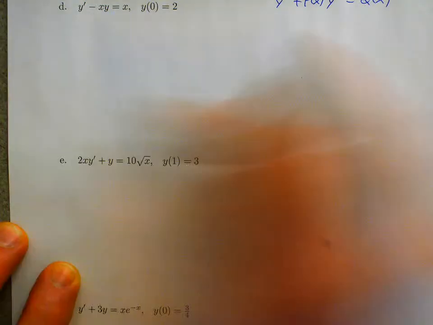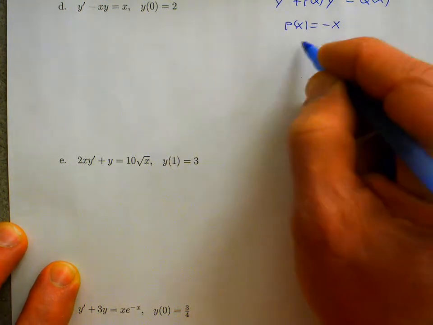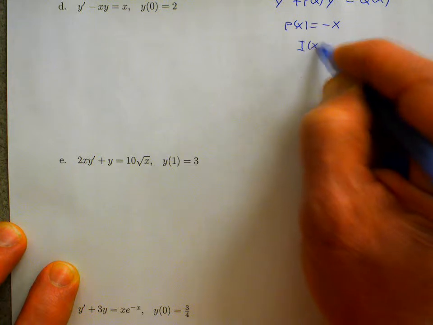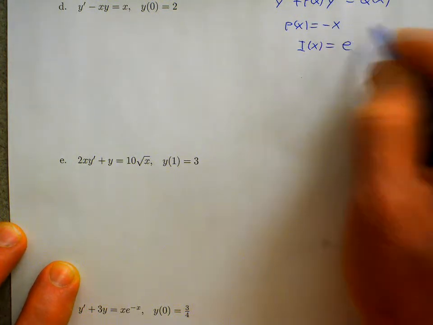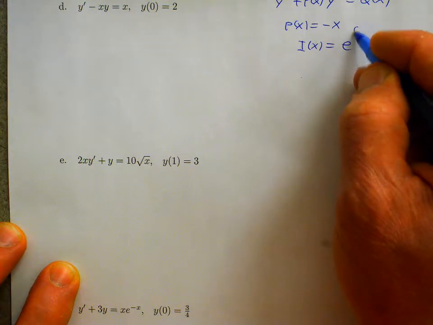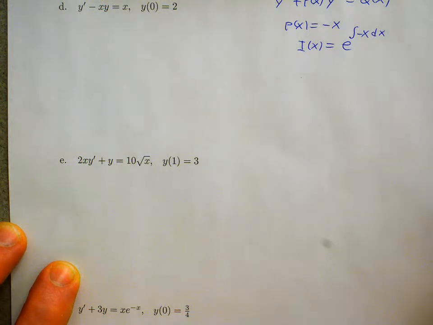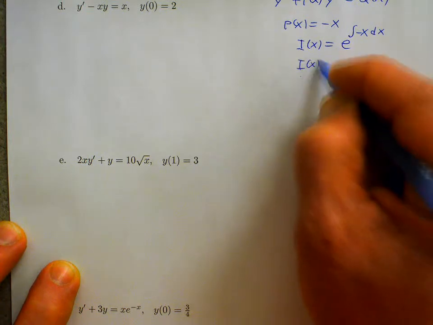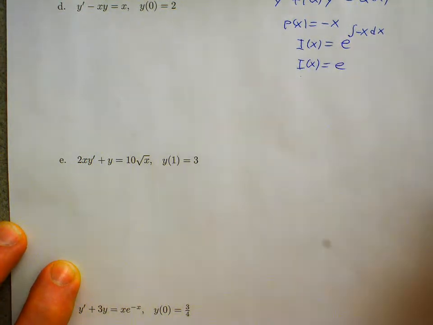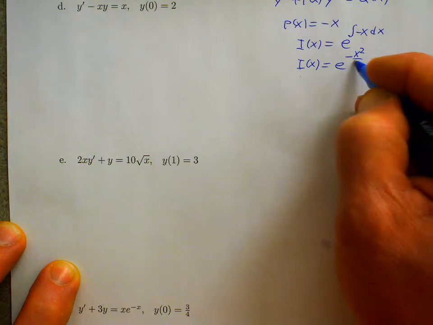So p of x is negative x, and so our integrating factor is e to the integral of negative x dx. So that's e to the negative x squared over 2.